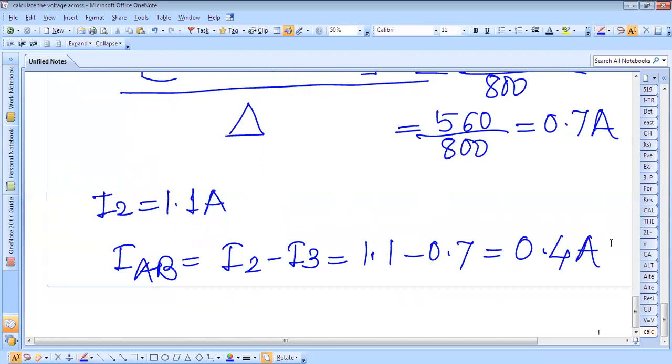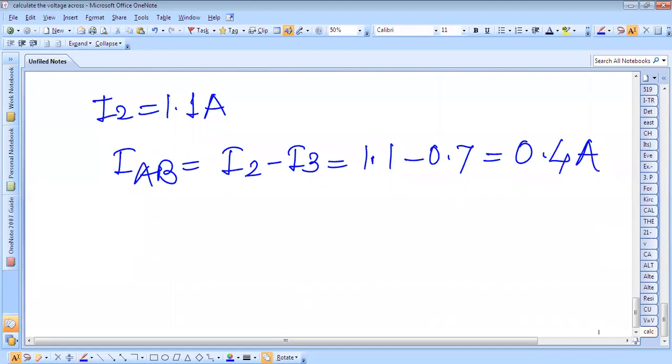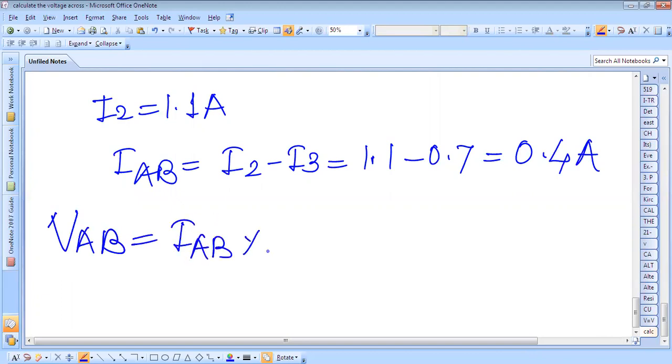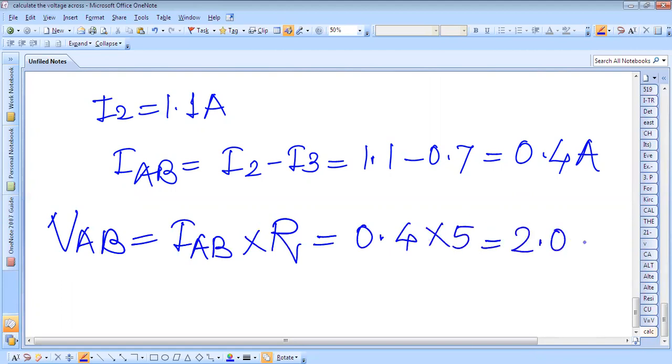Therefore we have to find the voltage across AB. The voltage across AB is the current flowing through AB times the resistance of that branch. So the current is 0.4, and the resistance of that branch is 5.